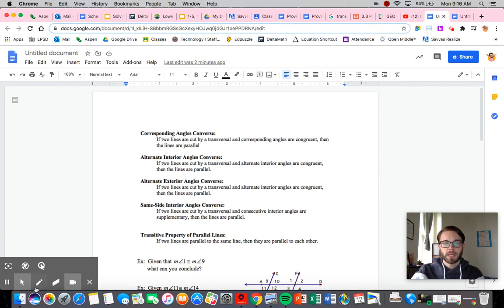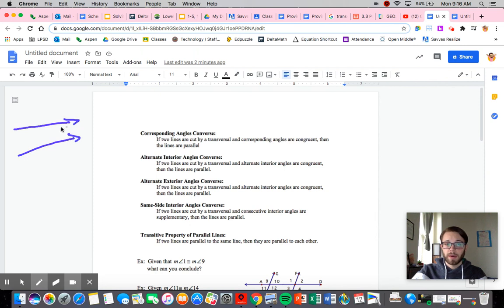Hi, everyone. Just wanted to take a minute to talk about how to prove lines are parallel using some of the angle properties that we talked about last time in regards to transversals. So, if you recall, what we had talked about in the past was if I have two lines that are parallel, and I'll denote those like that with little arrows, and they're cut by a transversal, we have different angle properties, right?